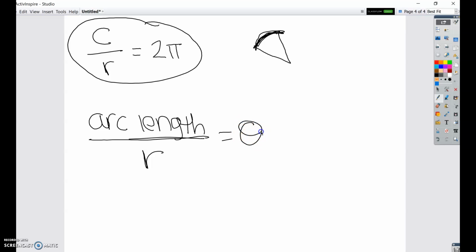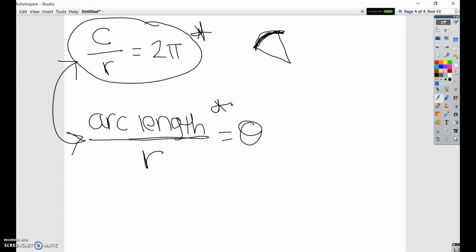It's equal to theta, like that. So really, these two are the exact same relationship. It's just that in this one, we're talking about a full, complete circle, and in this one, we're talking about a chunk of a circle or a small segment of a circle, if that makes any sense.